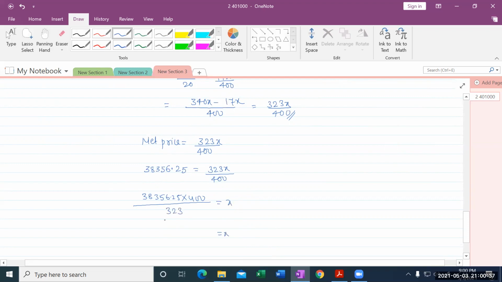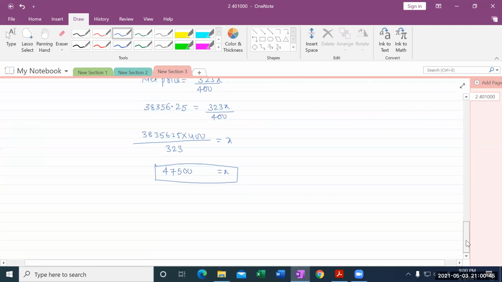After calculation, you will get 47,500. So this is the list price. The list price of the washing machine, you have to write as the answer at the end: list price of the washing machine is ₹47,500.